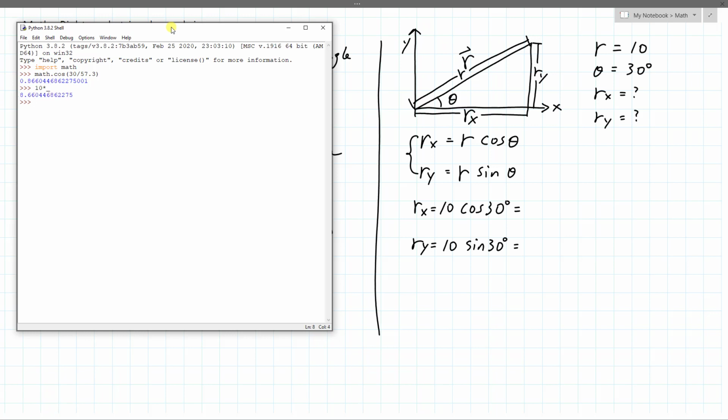So that is our Rx, 8.66, and our Ry is math dot sine 30 degrees, converted into radians, and we'll just directly multiply this by 10 in one step, and that's effectively a 5, right?